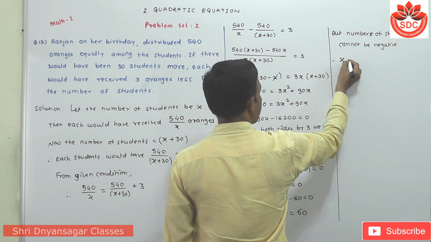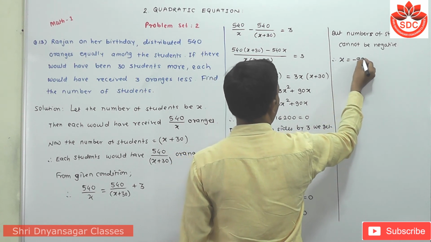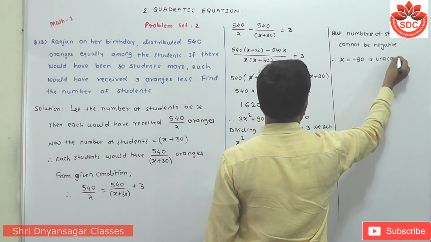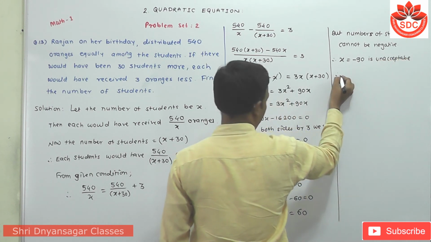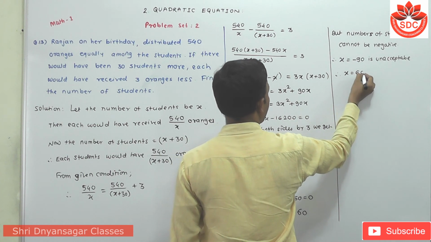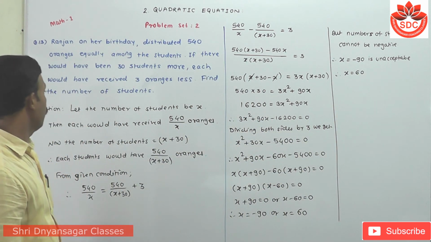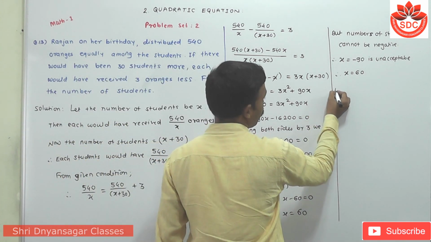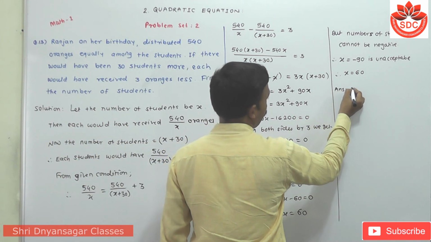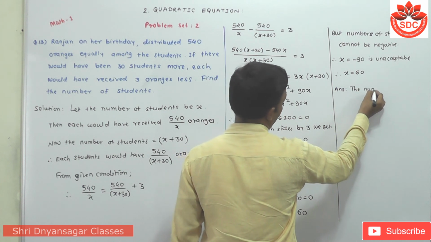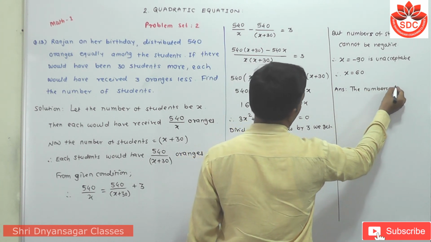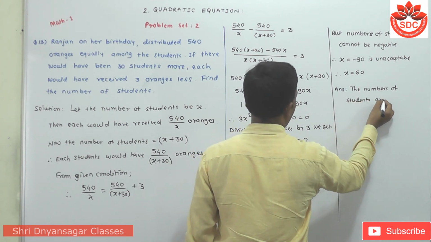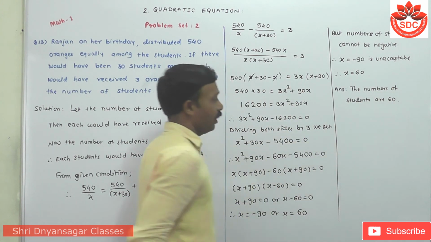Therefore, x is equal to minus 90 is unacceptable. Therefore, x is equal to how much? 60. Therefore, we have to find the number of students, that means answer in a full sentence. Therefore, the number of students is how much? 60. Can you understand this?